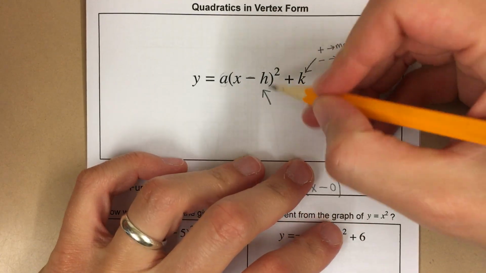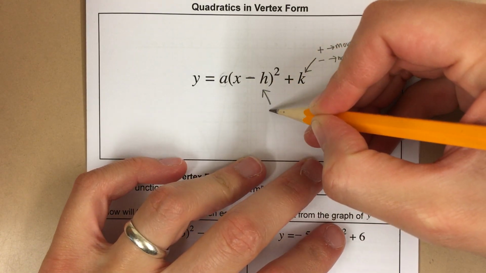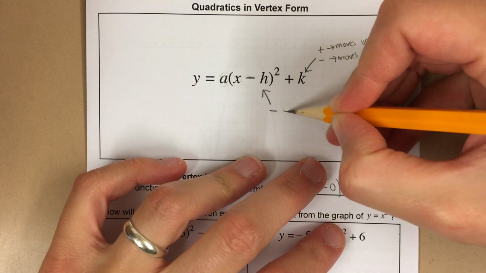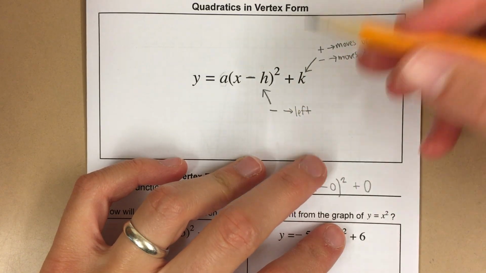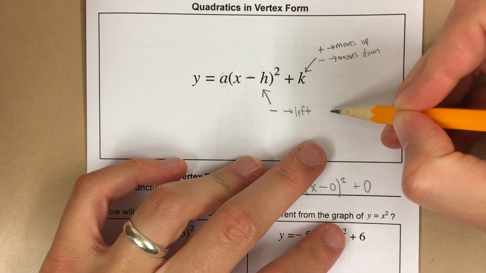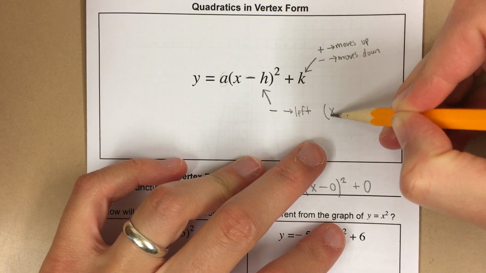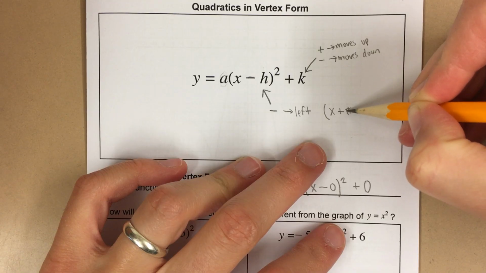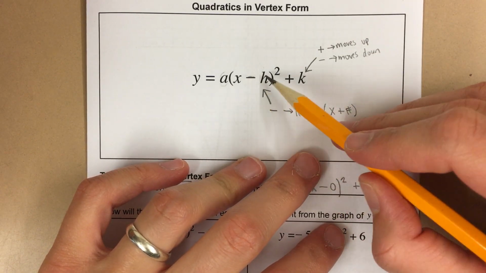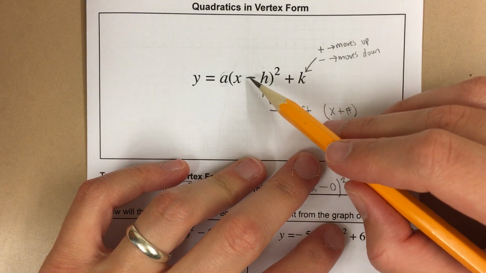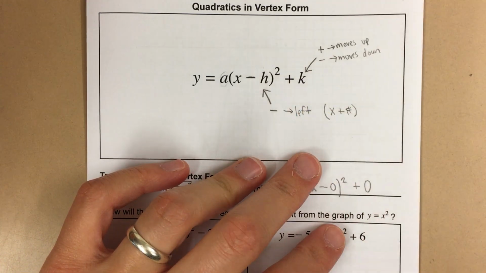So if h is negative, the graph moves left. Okay, but remember that if h is negative, what it will look like is x plus a number, because if h is, let's say, negative 3, that would say x minus negative 3, that would be x plus 3.